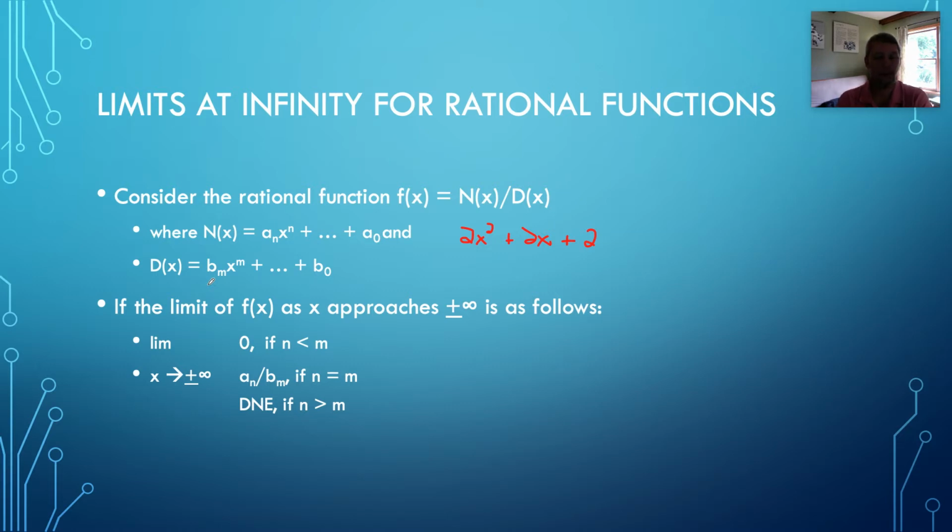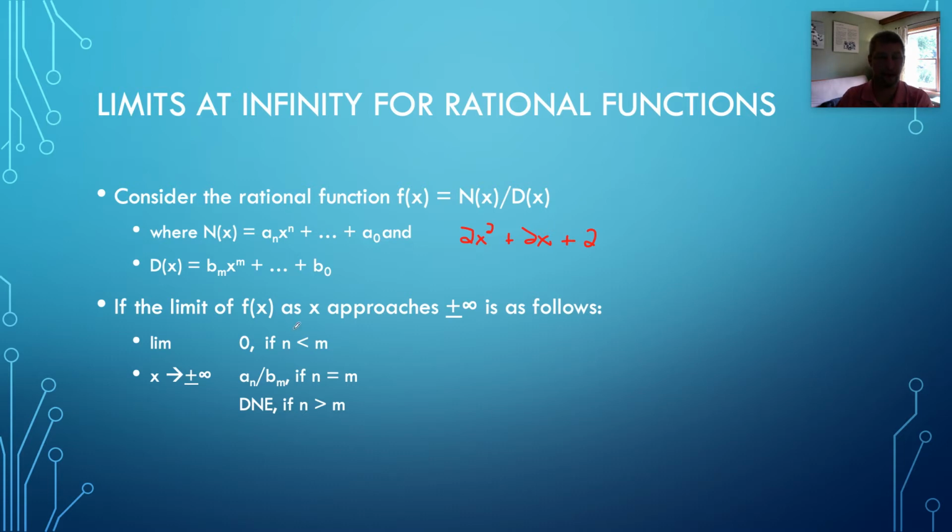It will be equal to a sub n over b sub m if n and m are equal to one another. And finally, if the value of n is greater than m, then the limit will not exist because it will be approaching infinity.